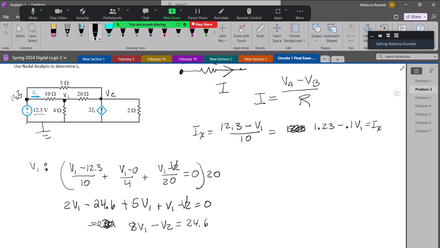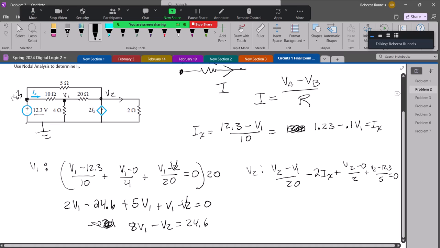And then my equation at V2 is V2 minus V1 over 20. And then currents coming in are negative. So it's minus 2IX plus V2 minus 0 over 2. That's the current going this way. And then the current going up is V2 minus 12.3 over 5 equals 0.